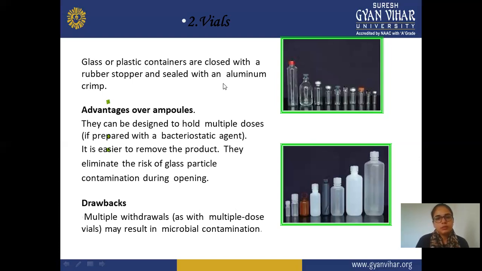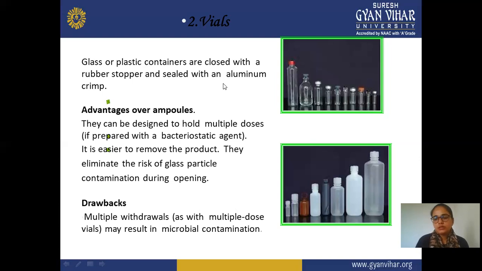And next is that they eliminate the risk of glass particles contaminating the product during opening. In the previous case, with ampules, we are breaking the upper part, so there may be chances that glass particles come into your formulation. But in this condition, you can also use a plastic container. If you are not using a plastic container, then a glass container also has a cap, and you can easily remove this cap.